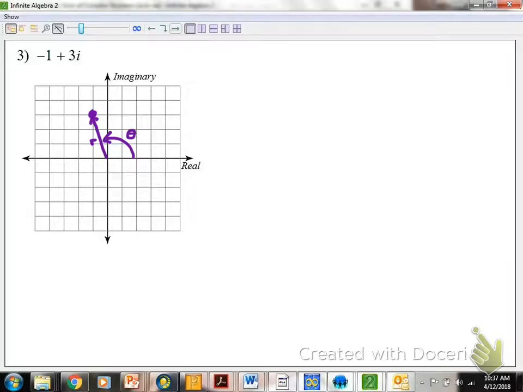Okay, let's find R first. We did this yesterday in a quiz. R is the absolute value of that number. Square root of -1 squared plus 3 squared equals, we have a radius value of the square root of 10.